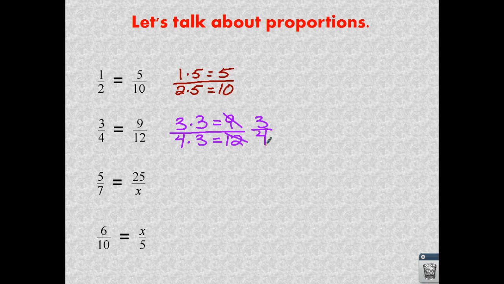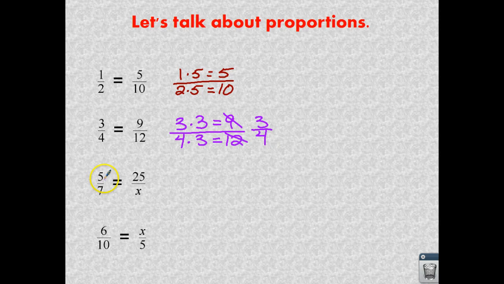Okay, the third one, I have a variable in there, and you could do it a couple of ways. You could do it algebraically, which we call the cross product rule, but I kept some fractions with lower numbers, and I figured you'd be able to think about what that x could be, given the fact that we have a 5 and 25 in the numerator. So what could x be?